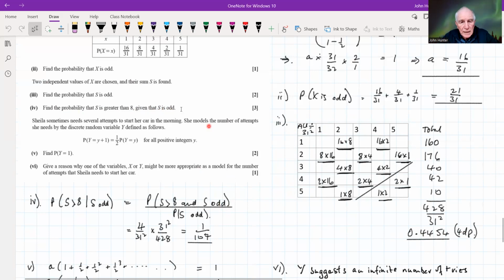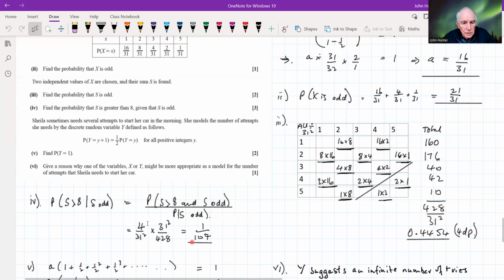So really what we're looking at is what's the probability that S is greater than 8, given that it's one of these, because we've selected out the odd ones, haven't we? So what we've actually done is we've constrained the probability space. So we want to know the probability relative to what's left. Well, what's left is this 4454 here, which is 428 over 31 squared.